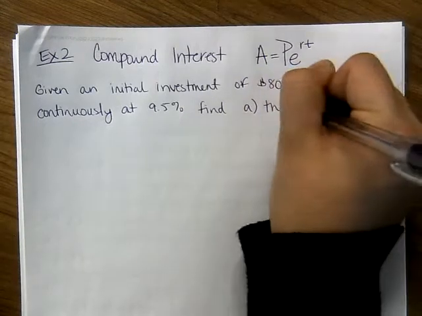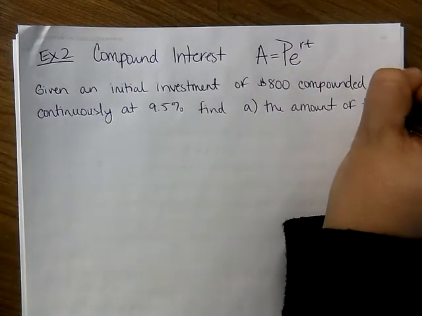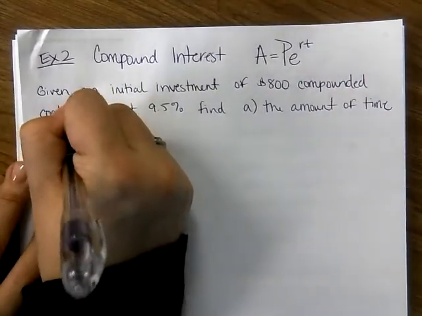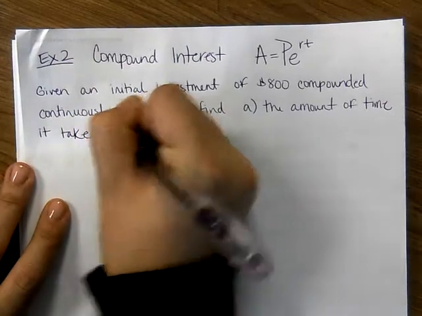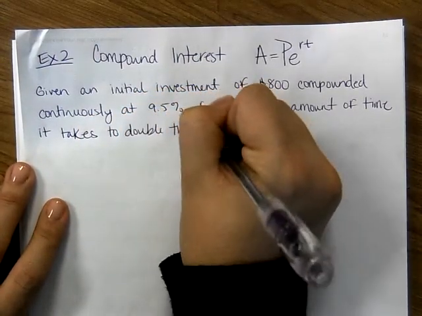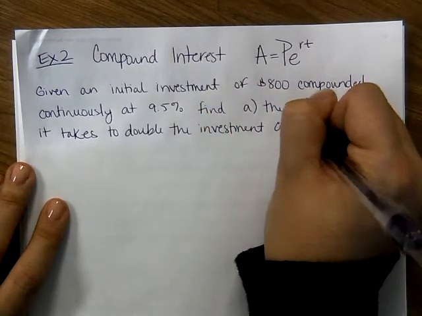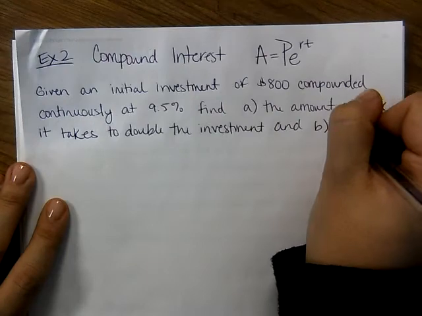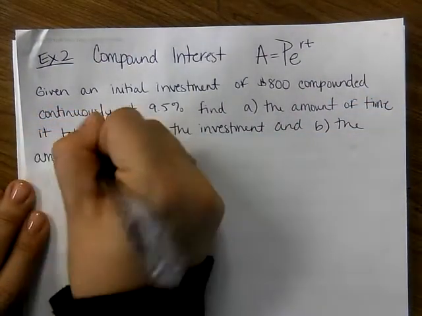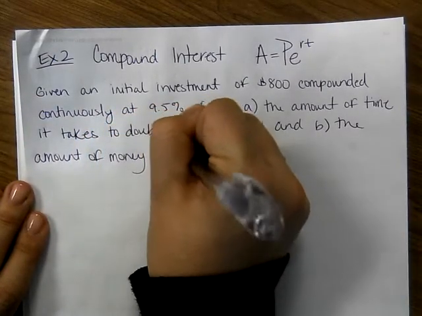A, the amount of time it takes to double the investment, and B, the amount of money after 10 years.